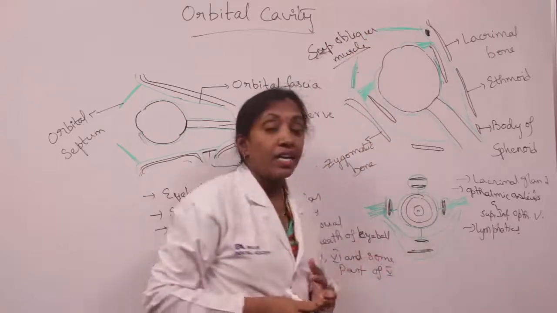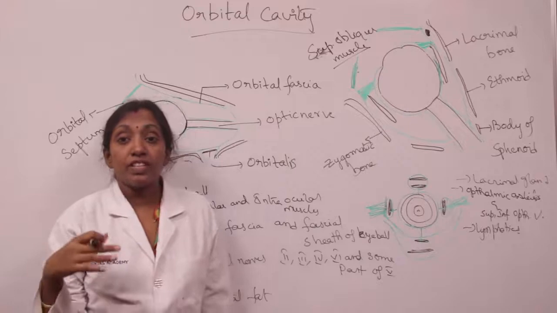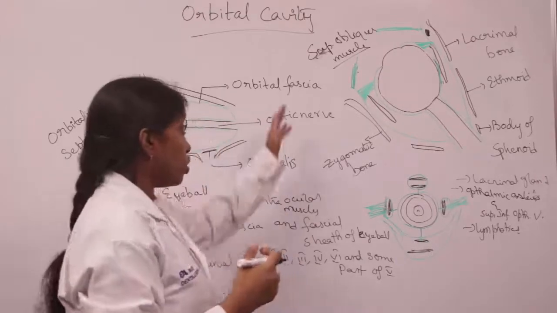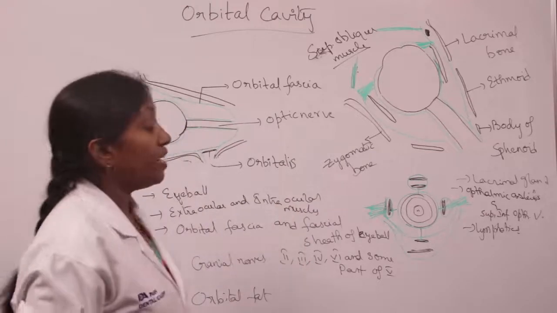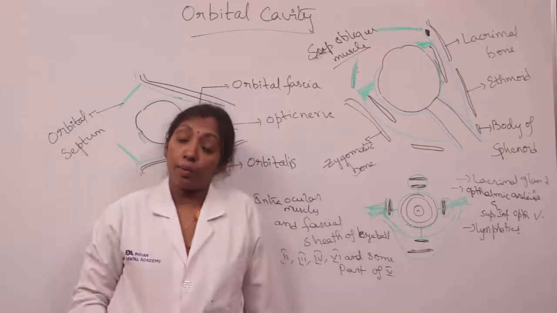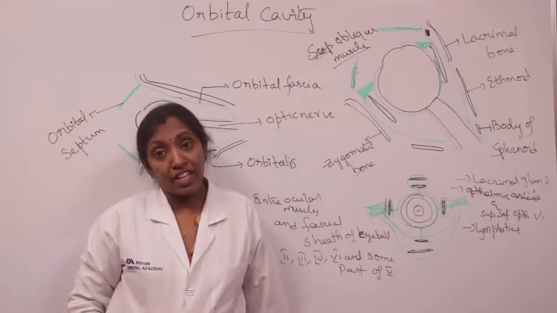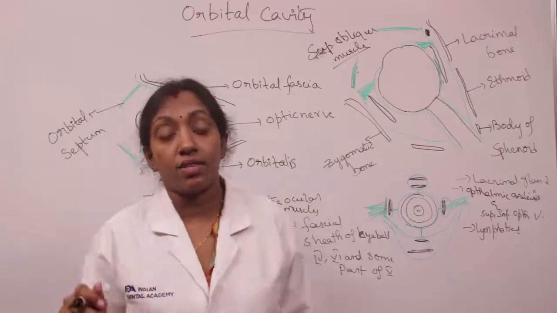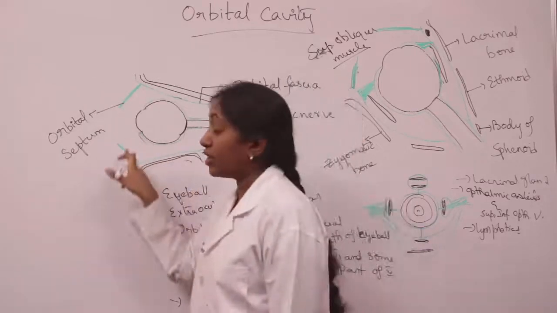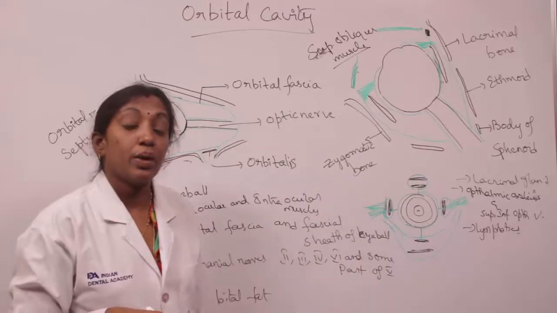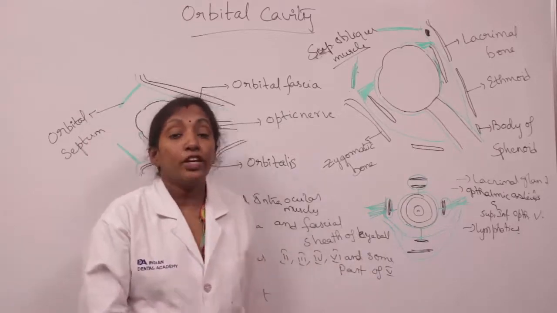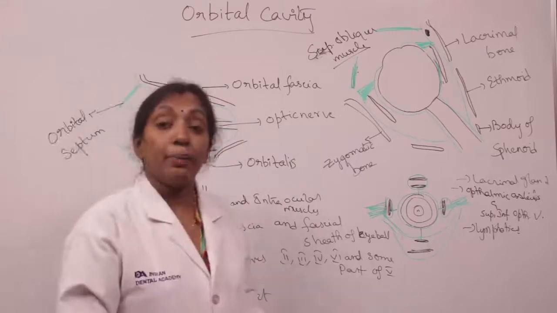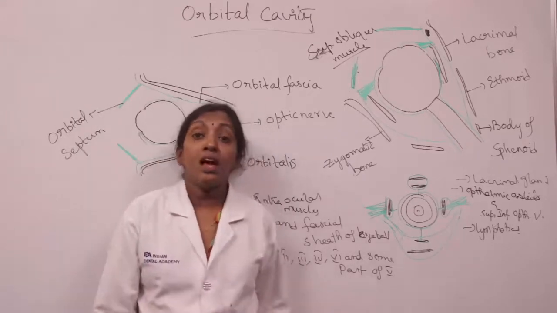One is the orbital septum: the orbital fascia sends extensions into the upper and lower eyelids forming the orbital septum, and also the orbital fascia bridges the tendon of the superior oblique muscle, and also the orbital fascia bridges the lacrimal gland as the lacrimal fascia.